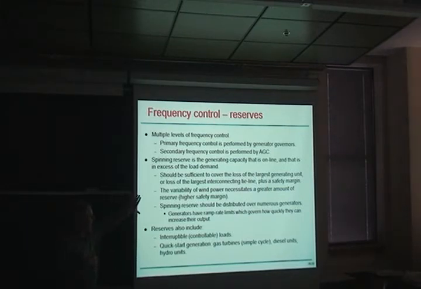So reserve actually becomes more expensive. Adding wind costs money because you have to carry more reserve to cover for the possibility of that wind going out of service, the wind disappearing.